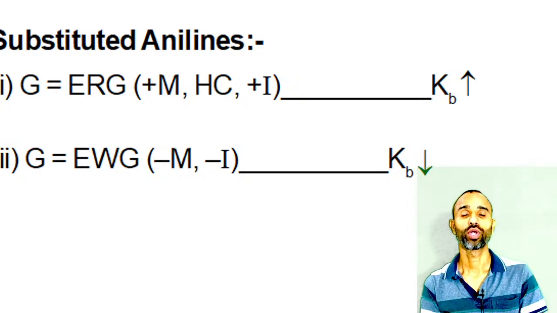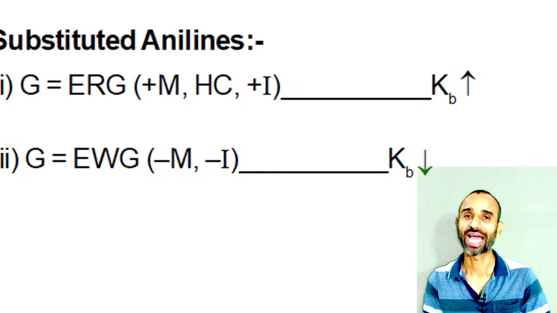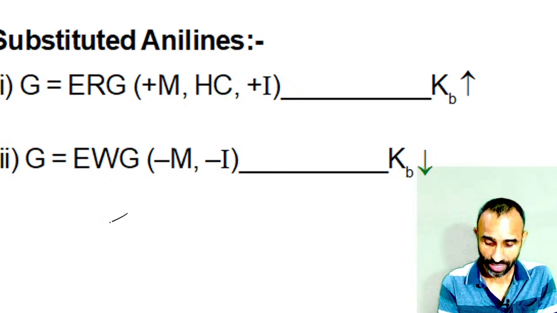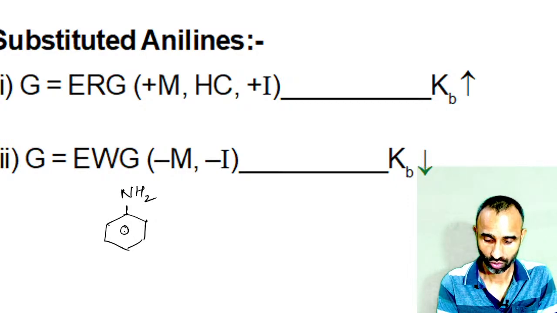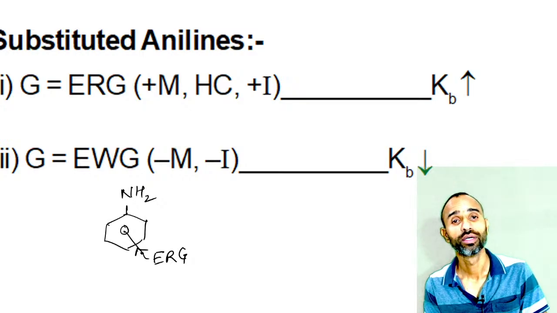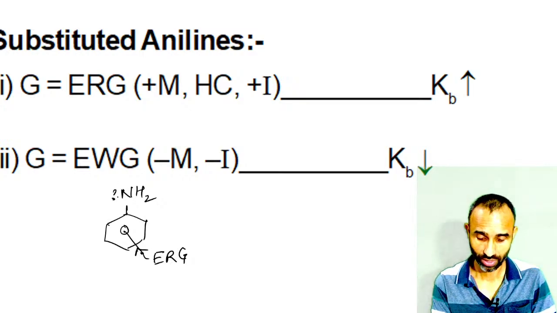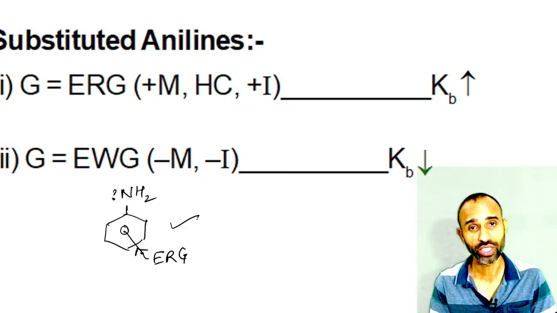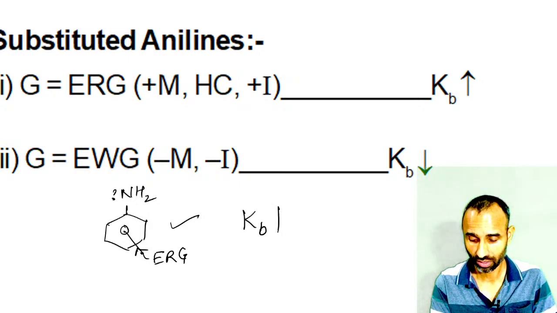Okay, now let us talk about substituted anilines. If aniline is attached to an electron releasing group, electron releasing group means it increases electron density on the aniline. So it will increase the basic strength, means it will increase Kb.